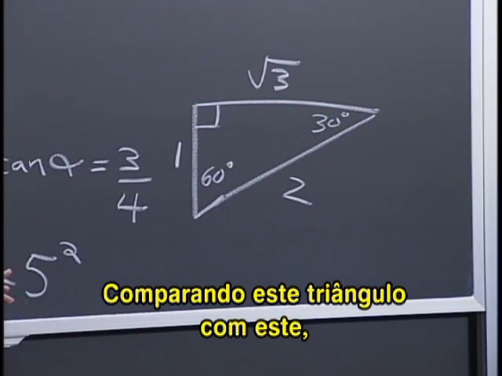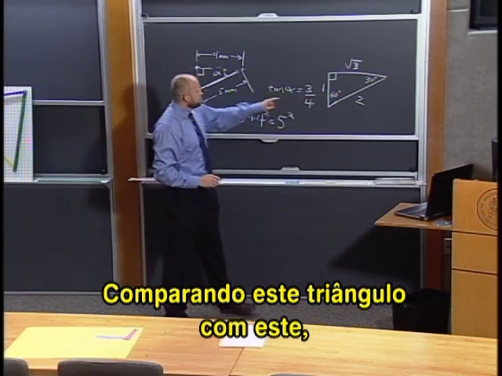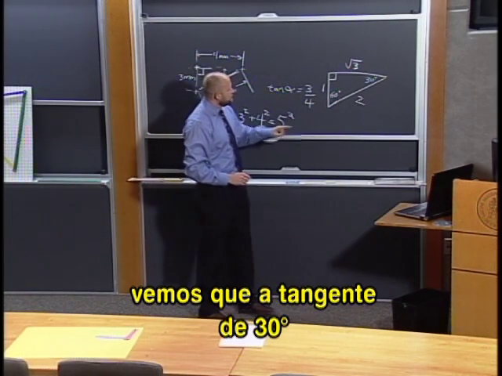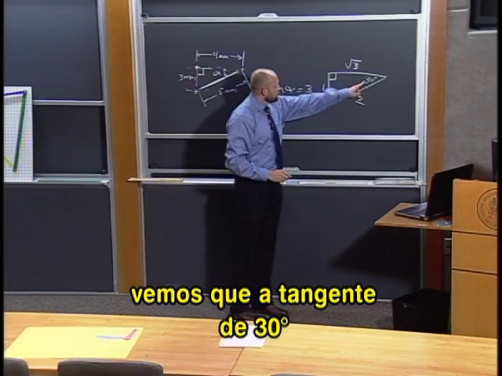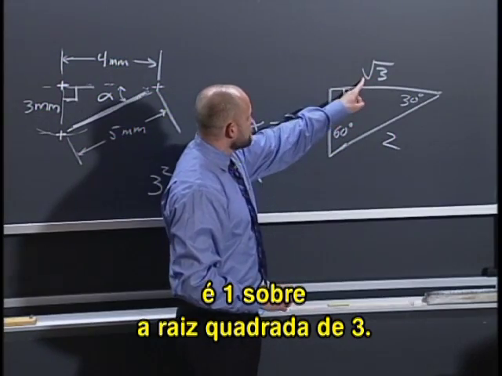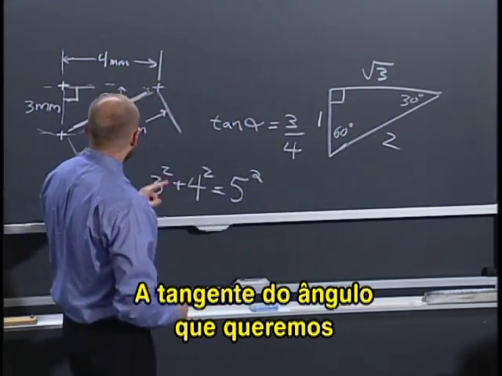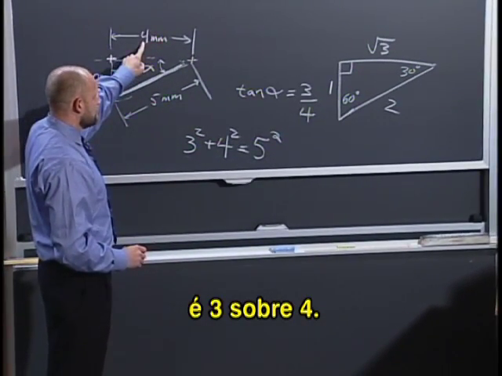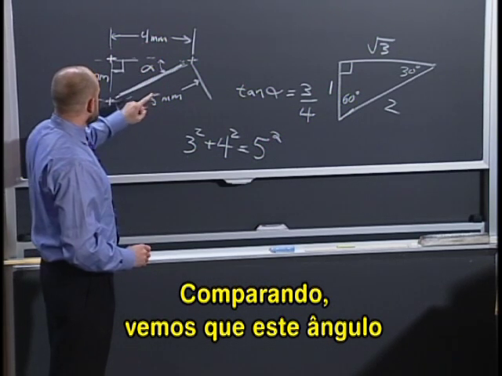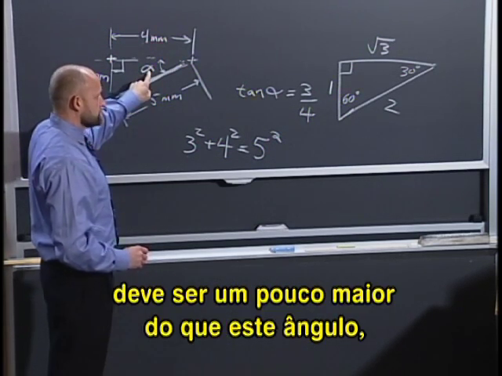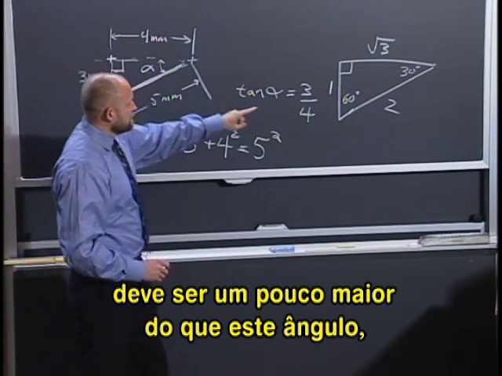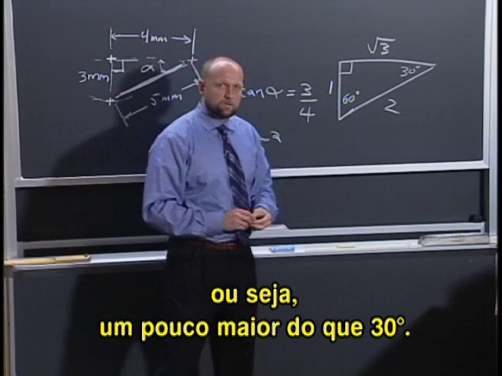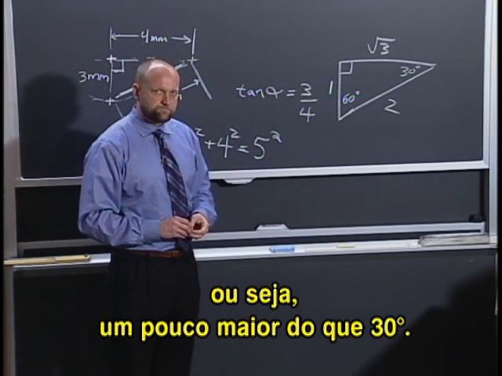So making a comparison between this triangle and this triangle, what you see is that the tangent of 30 degrees is 1 over the square root of 3. The tangent of the angle we're concerned with is 3 over 4. So making the comparison, we see that this angle should be just a little bit larger than that angle, therefore a little larger than 30 degrees.